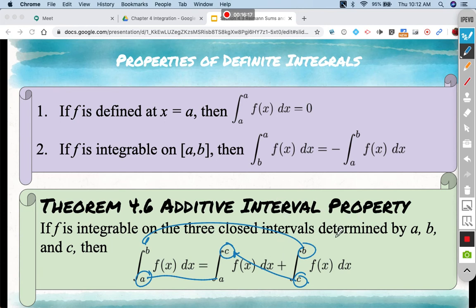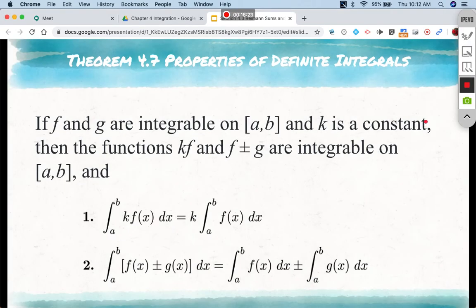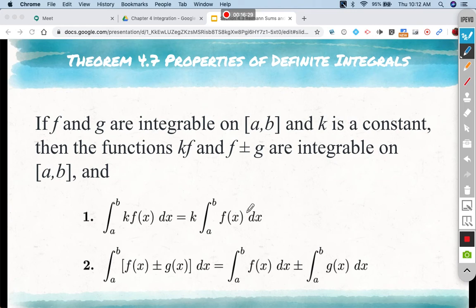So these are some of our nice properties here. We also have our favorites come back. We have the constant multiple rule, just like with limits and with summations and with derivatives. A constant times the function, we can pull the constant out and then do the integral.